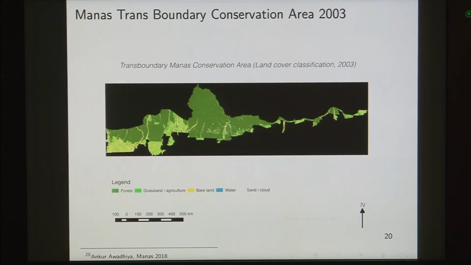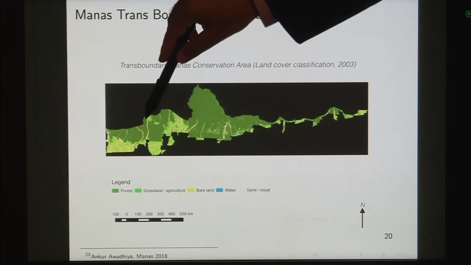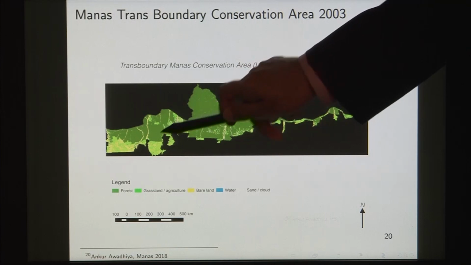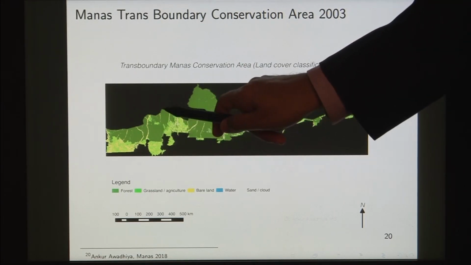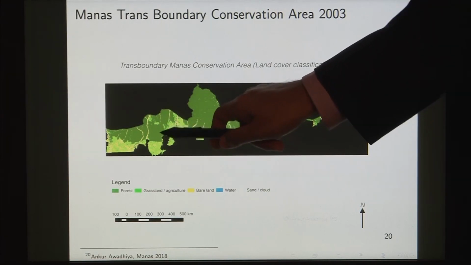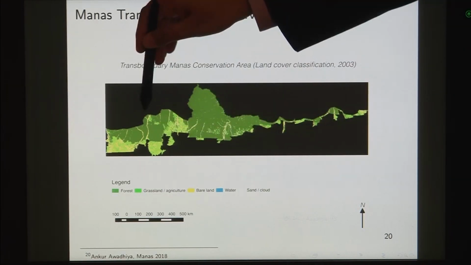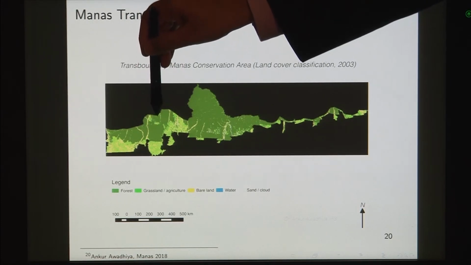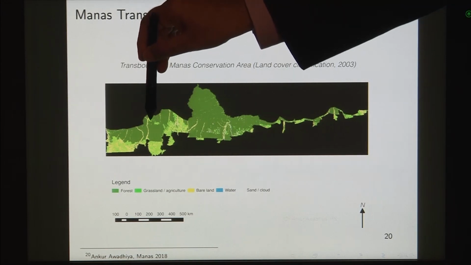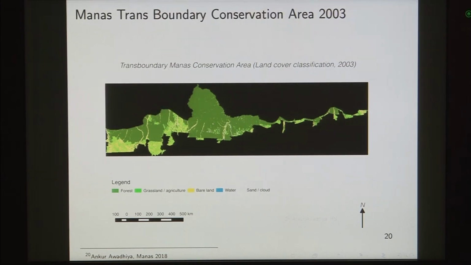But then more importantly, if you look at this portion, this area also has a number of elephants. So, if you have an elephant that wants to move from this area to this area, here you have these small patches that are probably habitations, and if you had an animal that wanted to move from this area to this area, you have this small corridor and you have this small corridor.